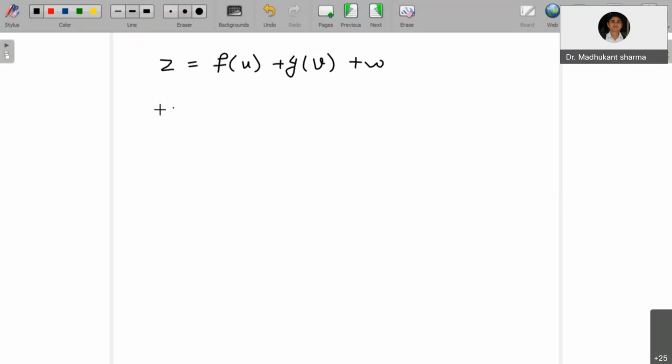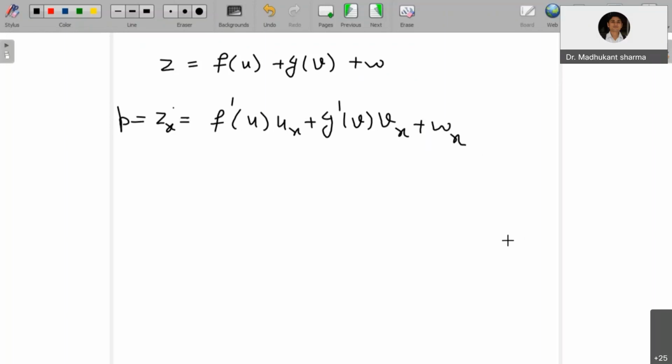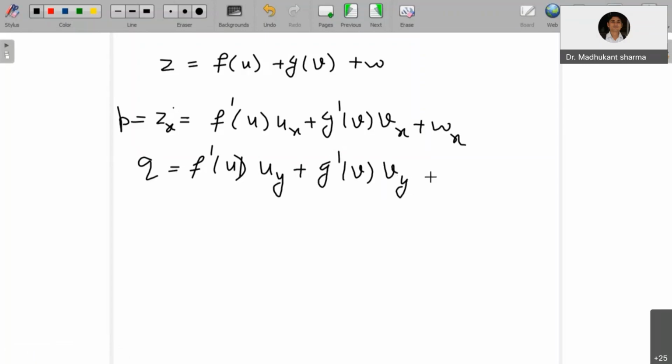If you differentiate partially with respect to x, zx, which we have denoted by p, equals f dash of u ux plus g dash of v vx plus wx. If you differentiate partially with respect to y, you have q equals f dash of u uy plus g dash of v vy plus wy.